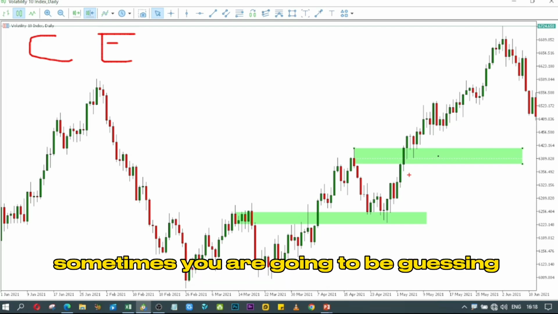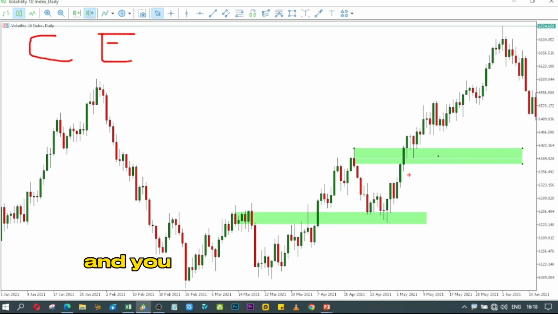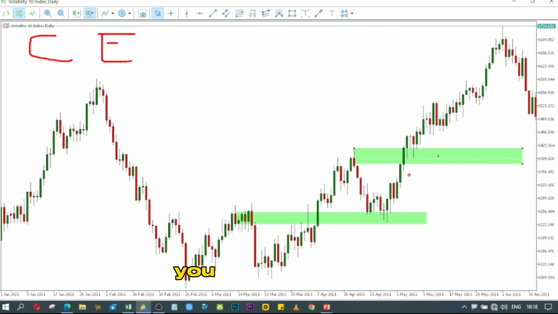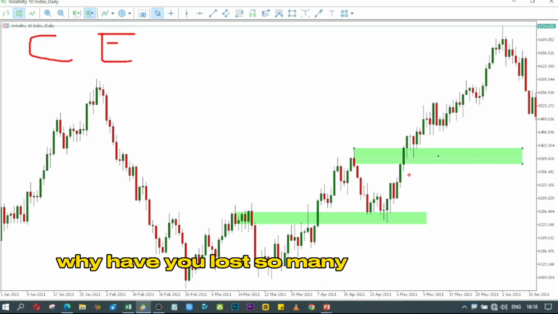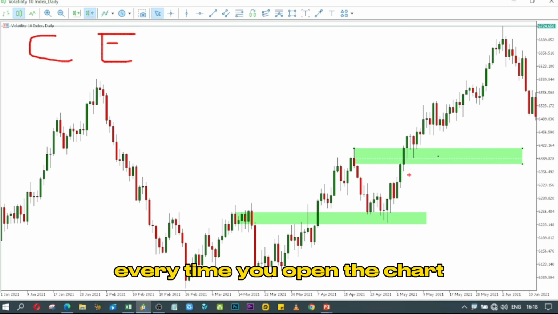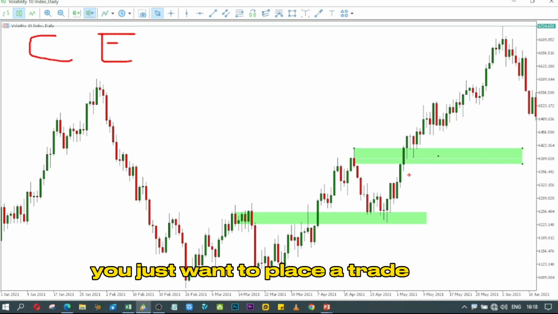Sometimes you are entering when you are not supposed to enter, and then at the end of the day you are wondering why you have lost so many trades in one day. It's simply because you are overtrading and guessing the trades. Every time you open the chart, you just want to place a trade, right?